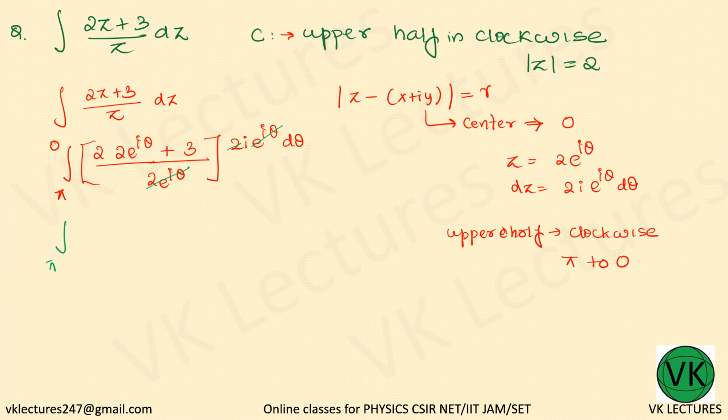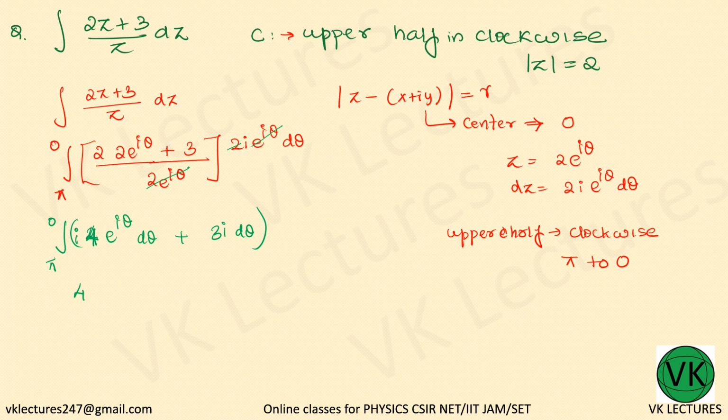So integral from pi to 0, 2 times 4 e to the power i theta d theta plus, i is missing, so i times 4, then 3i, okay, 3i, that is integral 3i d theta. Both the integrals are from pi to 0.